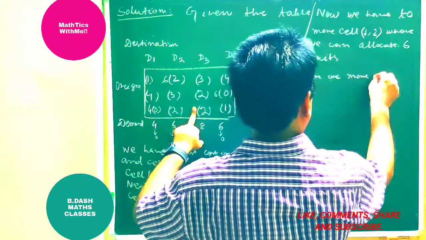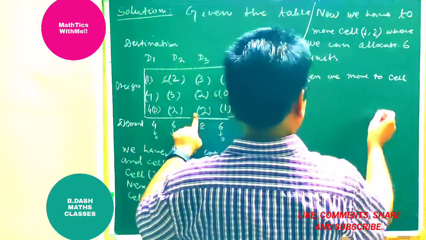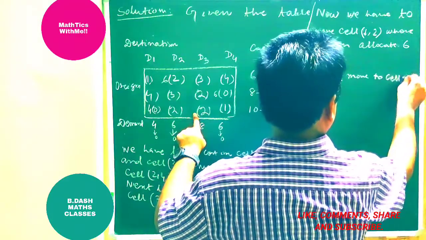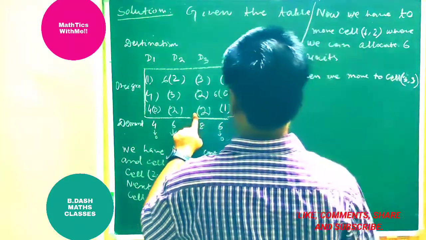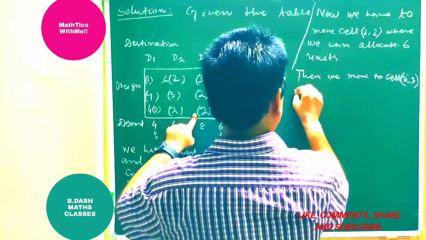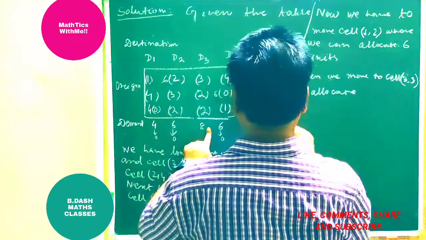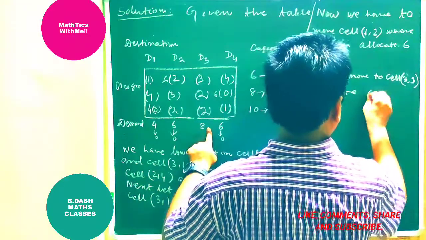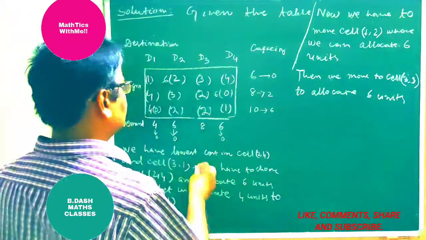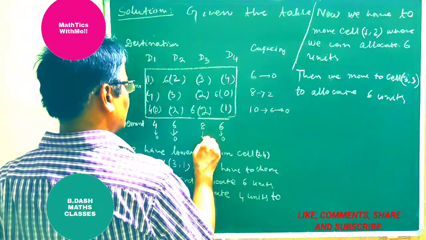Then we move to cell 3,3, where we can allocate 6 units. So this is exhausted, becomes 0, and we are left with 2.